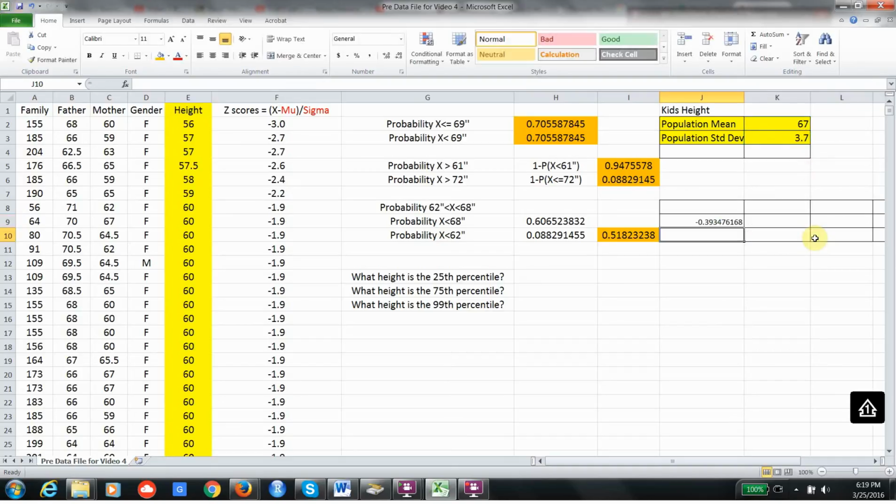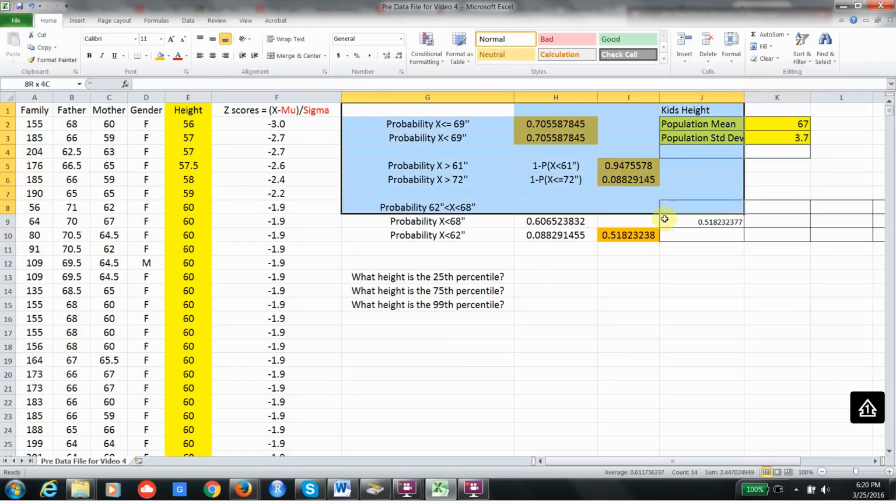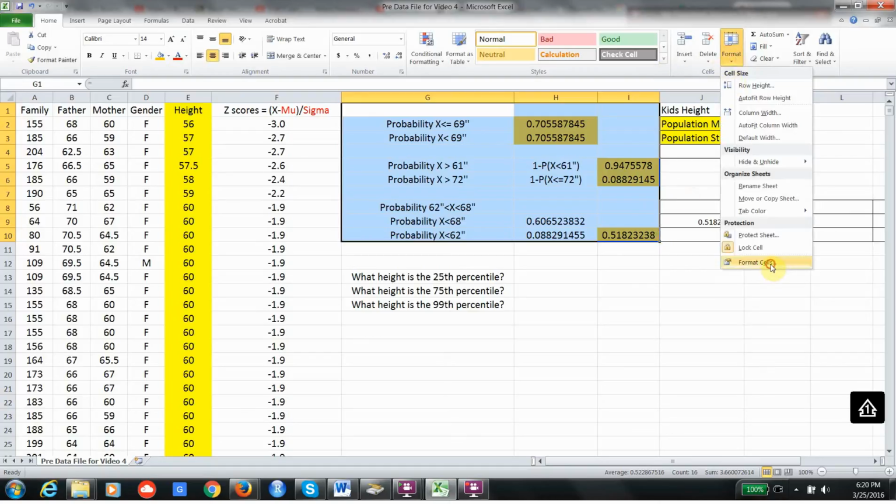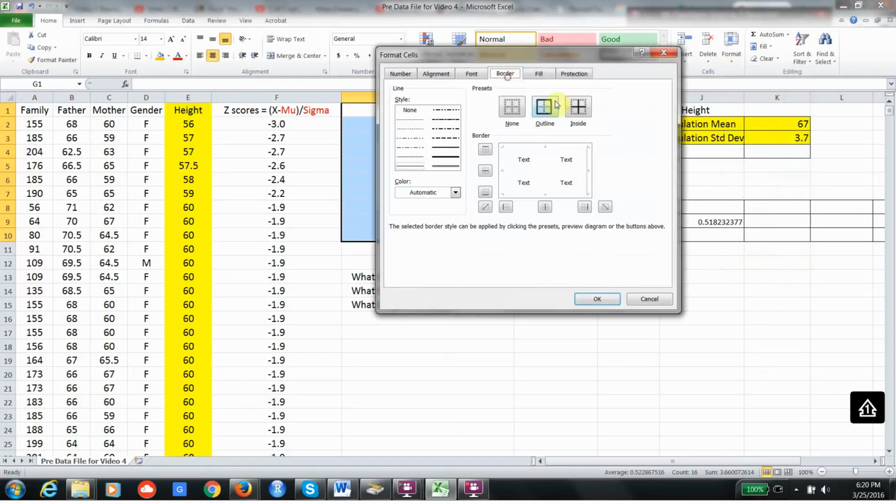Okay. And notice I get exactly the same answer. I can put all the commands on one line, or I can do them separately and subtract them. So this is going from a data value to a percentile.